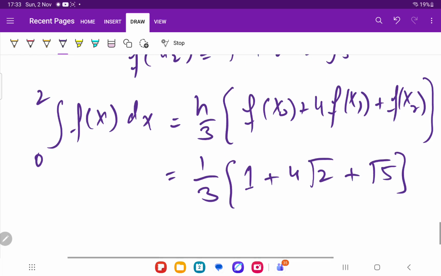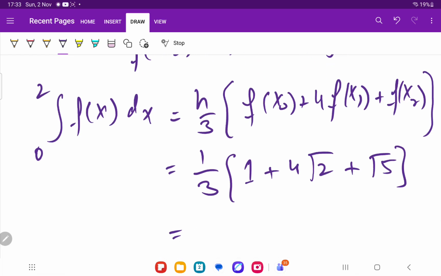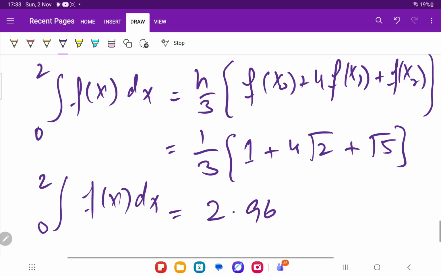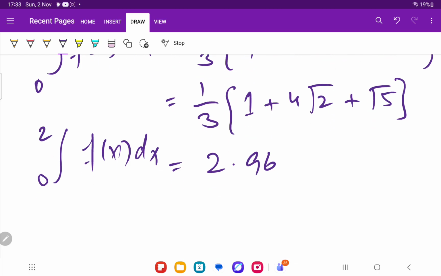So by adding all these terms, what are we getting? 2.96. Okay, so now we'll try to test by the real integration method which solution is closer to the real one.